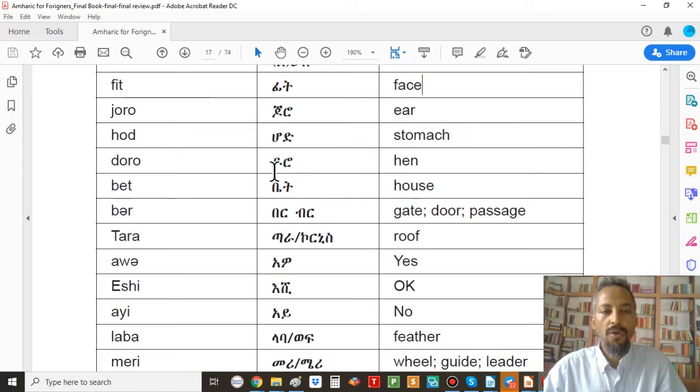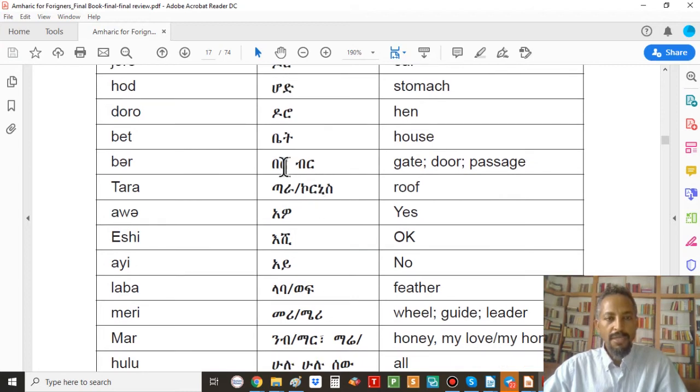Doro means hen. Then bet, which means house.